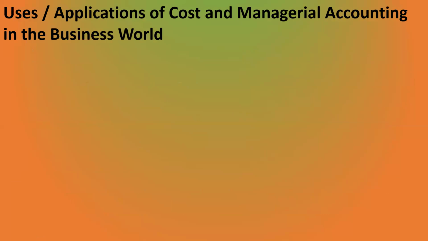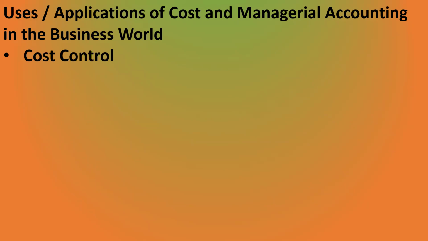So, next, we are going to discuss some uses or applications of cost and managerial accounting in the business world. So, the first use is cost control. One of the main functions of cost accounting is to help businesses keep their expenses in check.